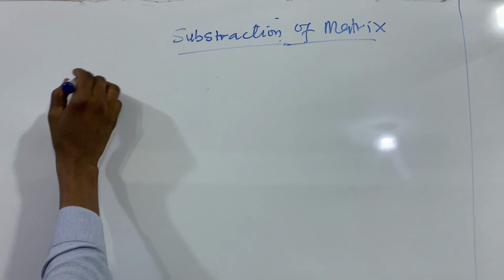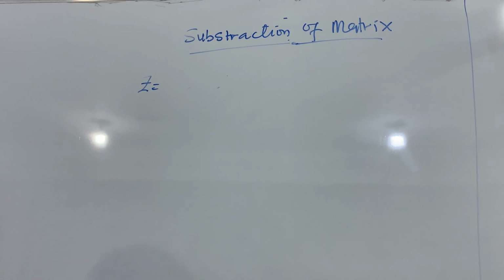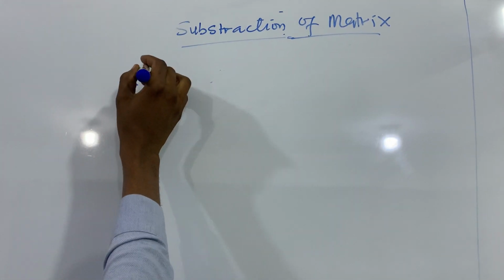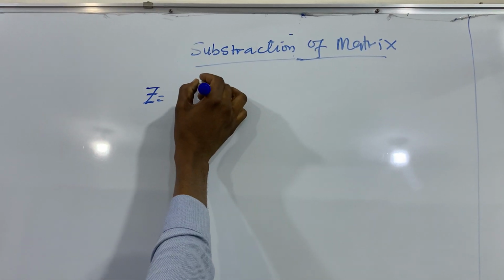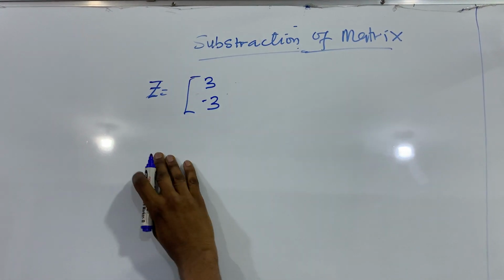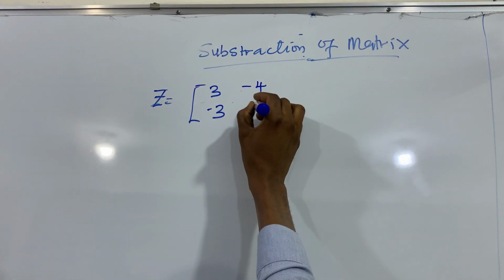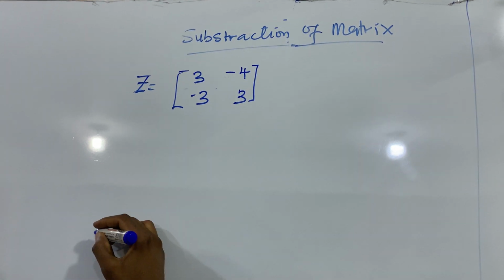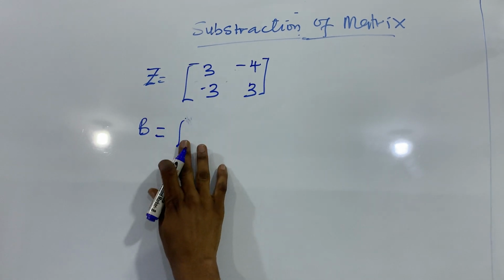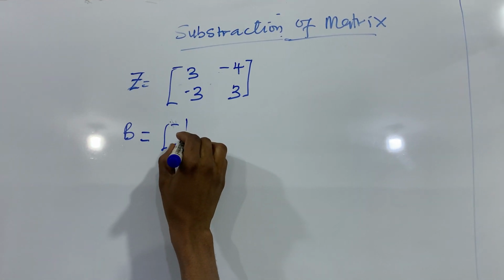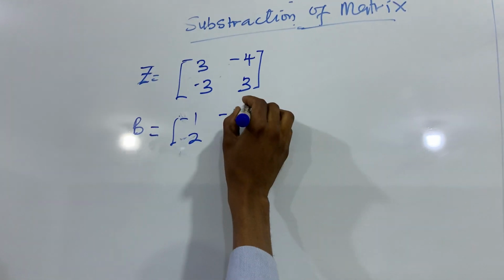let's consider a matrix called Z. Z as a matrix is equal to 3, minus 3, minus 4, 3. And B equals negative 1, 2, negative 2, 3.